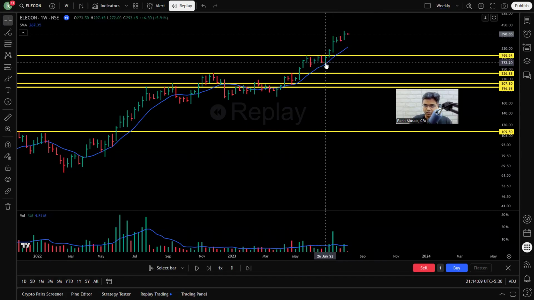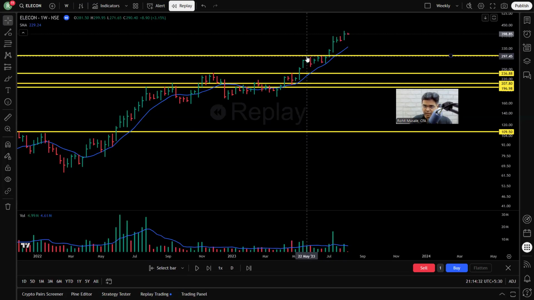By the way, the high of all of these 5 bars, 1, 2, 3, 4, 5, is below the high of this bar. That's a classic flat base. Correct? In two candles, look at this. The high of this bar is 297. This is 298. This is 297. This is 299. Okay.